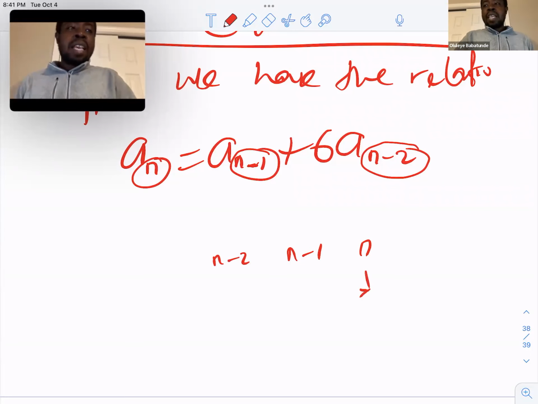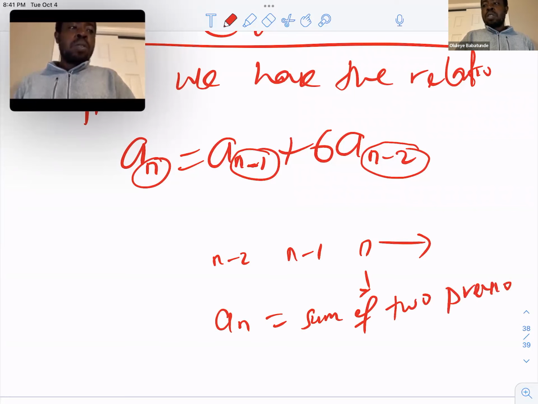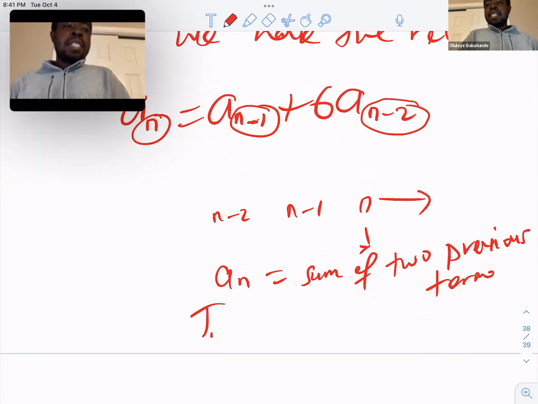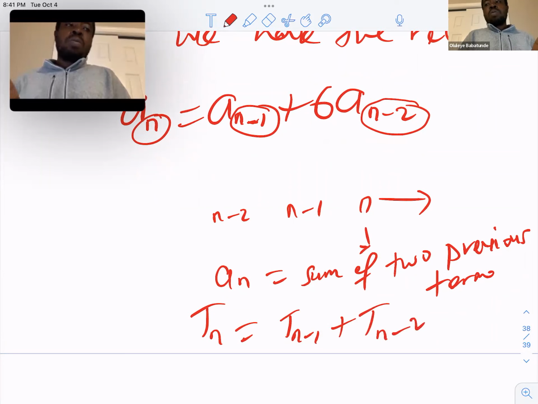So I can now say a_n, the next term, equals the sum of two previous terms. So this is it. So that means I can say T_n equals T_(n-1) plus T_(n-2).